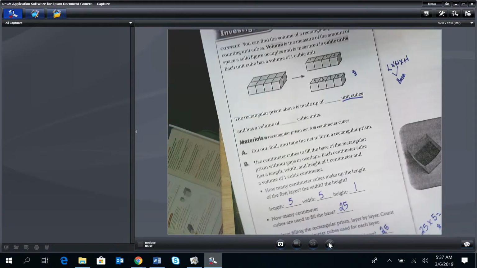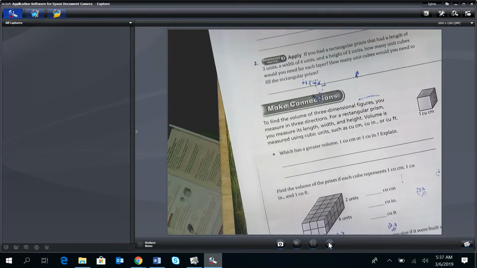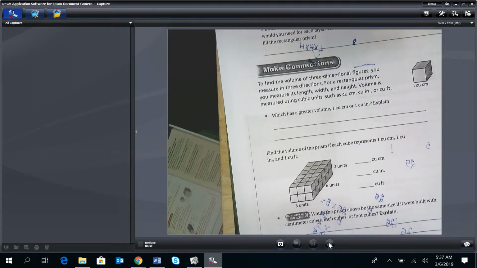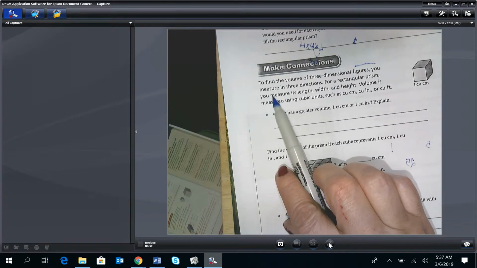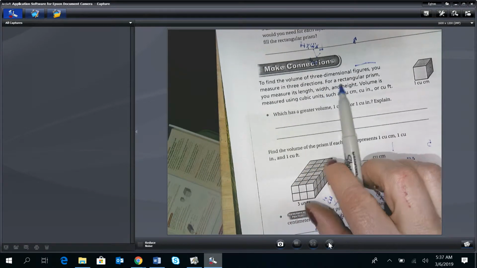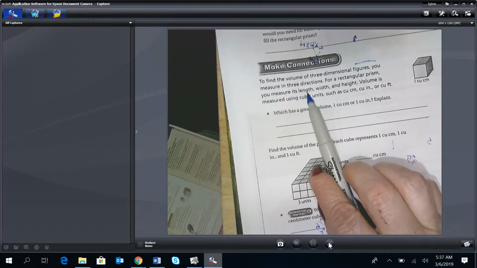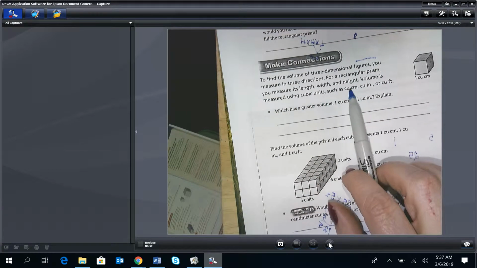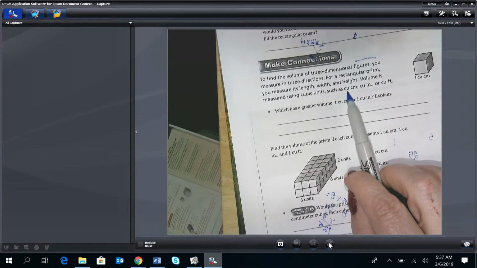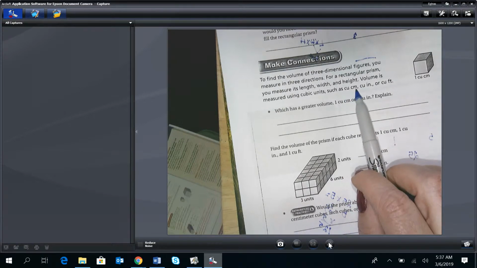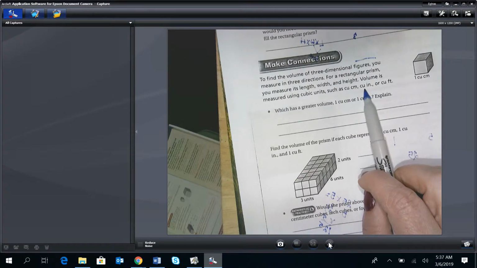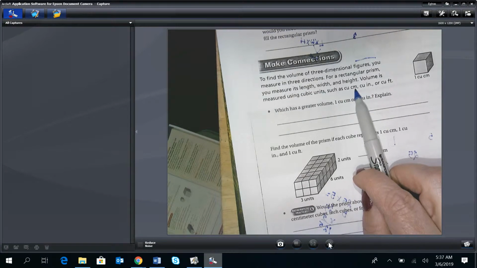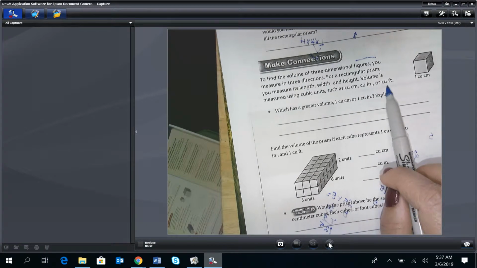Okay? To find the volume of a three-dimensional figure, you measure the 3 directions. For a rectangular prism, you measure the length, the width, and the height. The volume is measured in cubic units, which are abbreviated this way: cubic centimeters, cubic meters, cubic inches, or cubic feet.